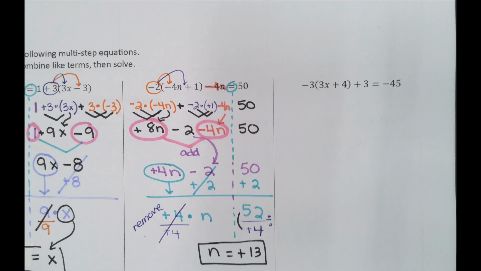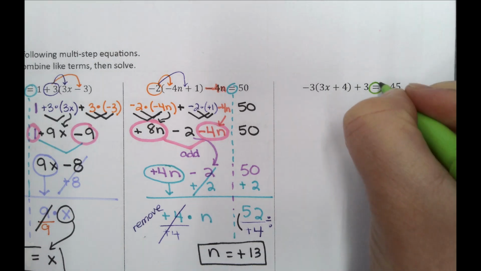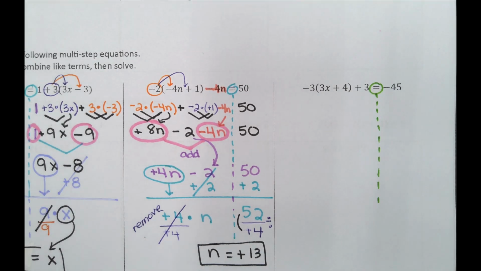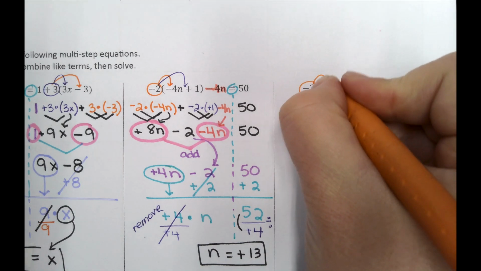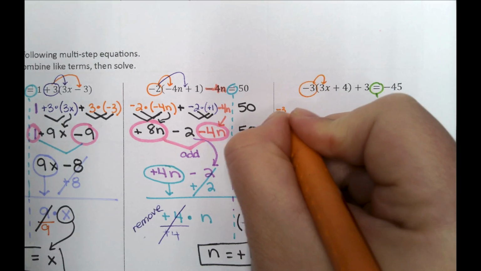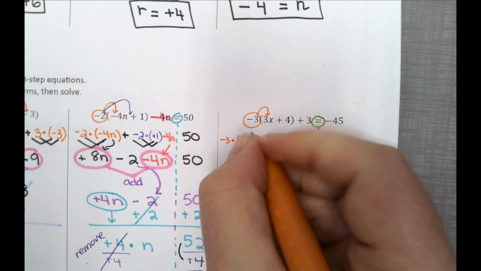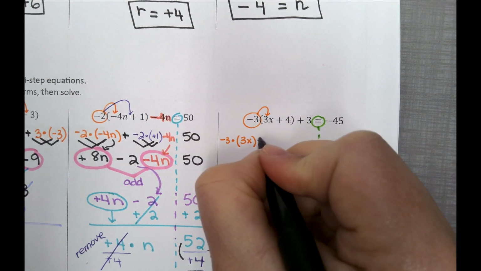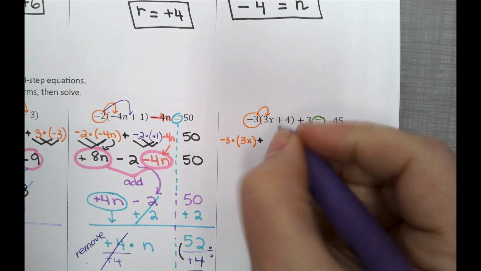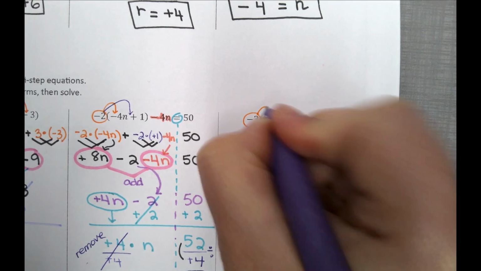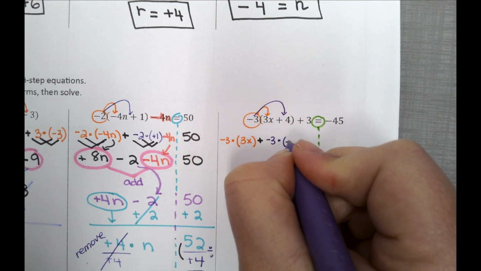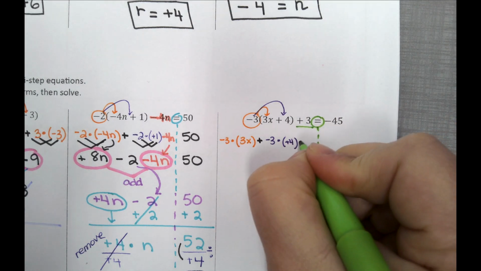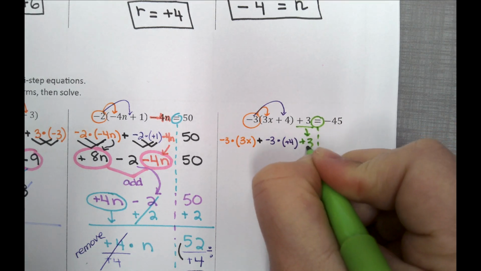Next one here, circle your equals, dotted line. And again, take your negative 3, multiply it by this inside, so negative 3 times open 3x, close it, and trying to write small here, negative 3 times open positive 4, close it, and we still have this plus 3 that we need to bring down.